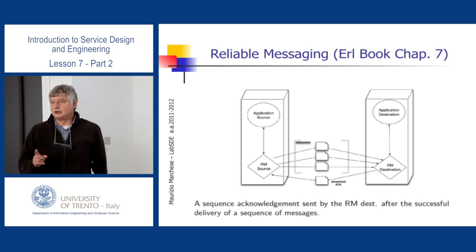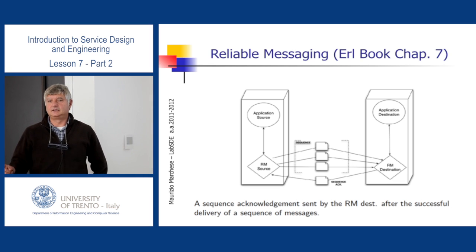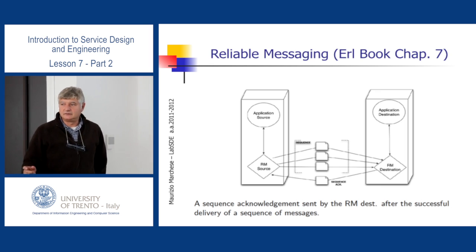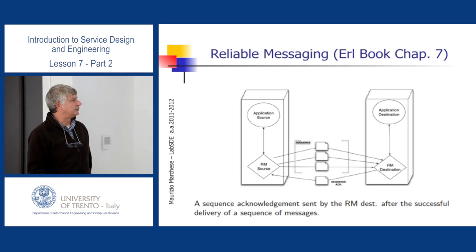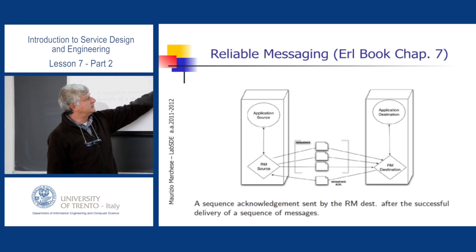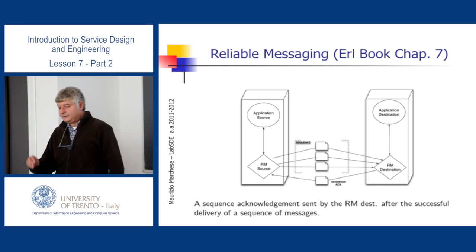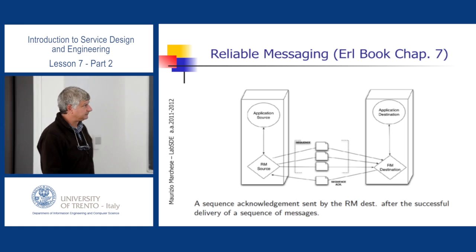Acknowledgements, remember, are not typically compulsory in SOAP. You can send something without receiving anything back, or you can receive back the body, but not any information about how it went. And all this information, the sequence and the acknowledgements, as we will see in a minute in a simple example, are put in the header, not in the body of the message.